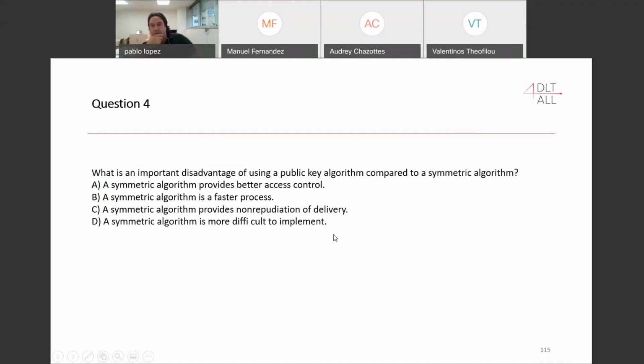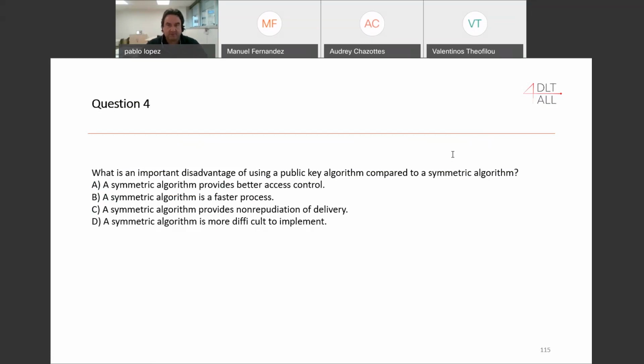Let's continue. What is an important disadvantage of using a public key algorithm, which means an asymmetric algorithm, compared to a symmetric algorithm?